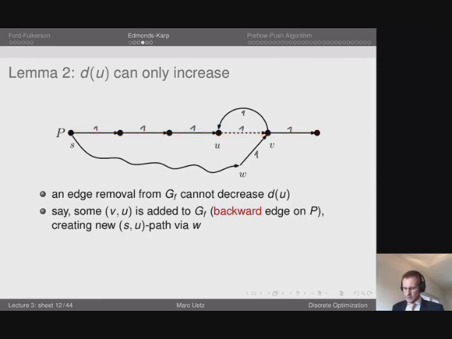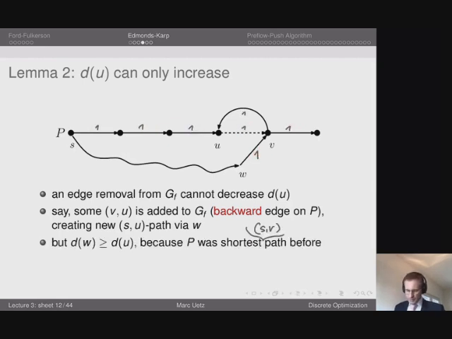So the distance from S to U must be smaller or equal than the distance from S to W, because otherwise this would be another path to vertex V, which would be shorter than this one. But this one is actually a shortest SV path. And shortest here means in the number of edges. Therefore, all the labels are 1 here.